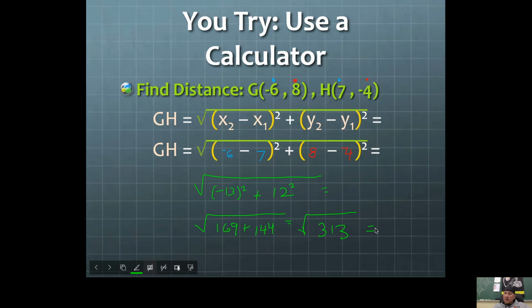So I know my answer is going to be a little bit less than 18, if that makes any sense. Now I'm going to just type it in the calculator, square root of 313. And it's going to tell me my answer is a little bit less than 18. It's 17 point, I'm going to keep 2 decimals here, 69. That's the distance in units from point G to point H.